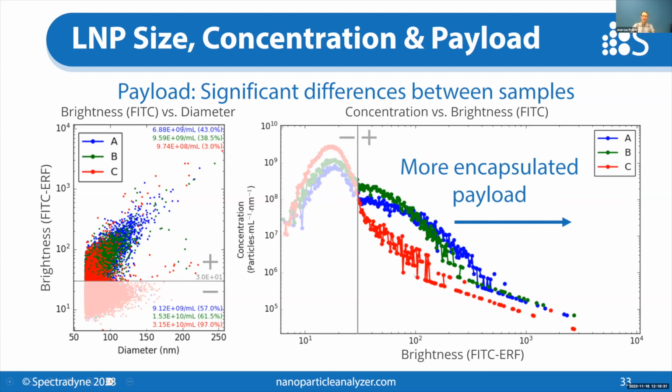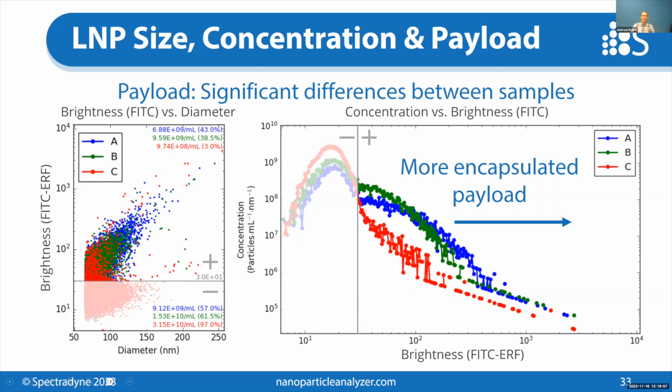Well, it's not the right word, but how much RNA is loaded into these samples on a very subtle basis, and compare these between the 3 different formulations. So clearly, formulation C did not encapsulate a lot of RNA and has a much lower concentration of loaded particles than the other 2 formulations.